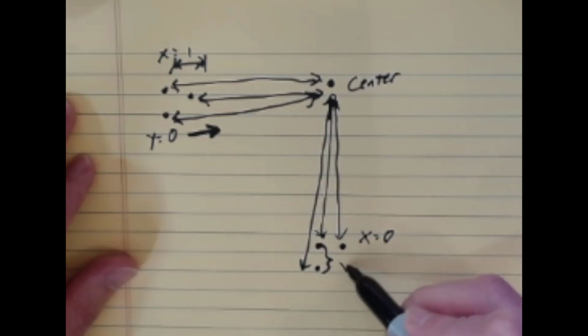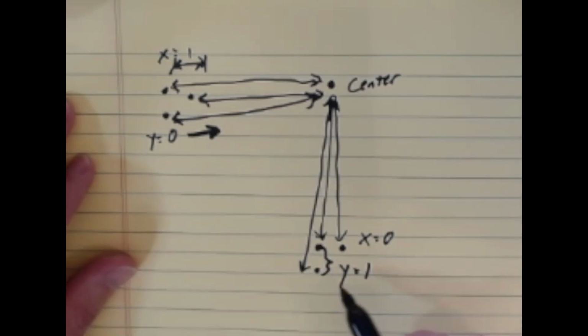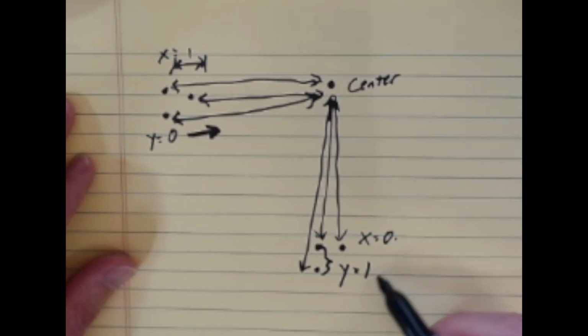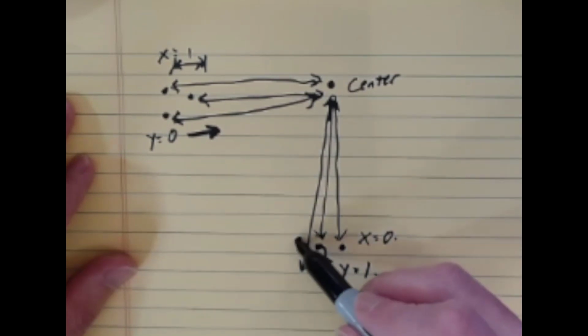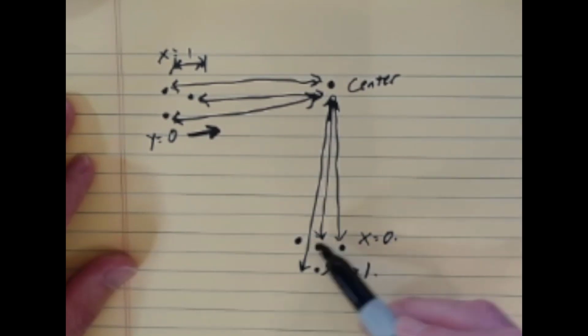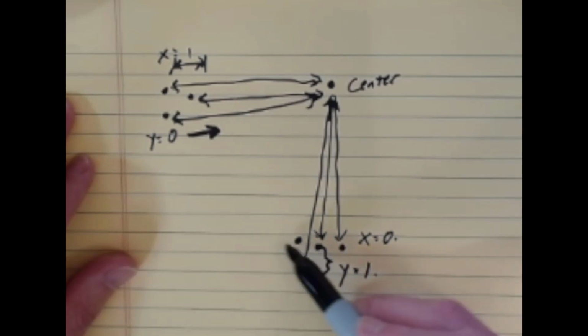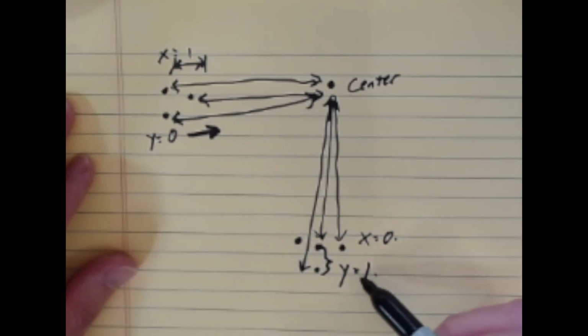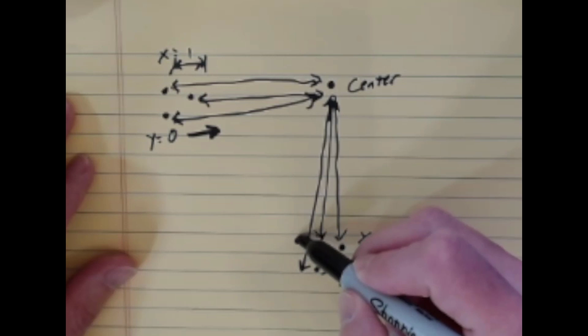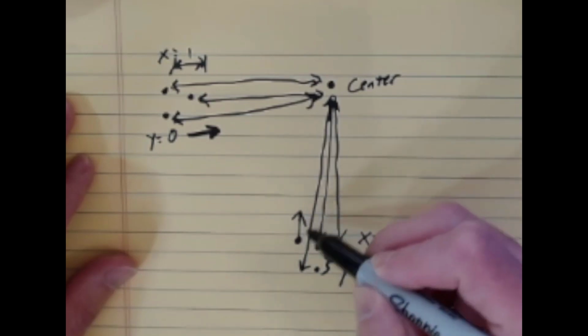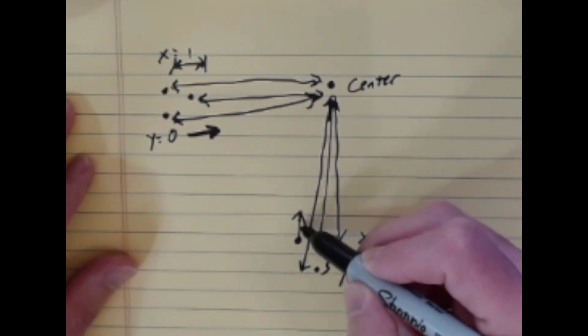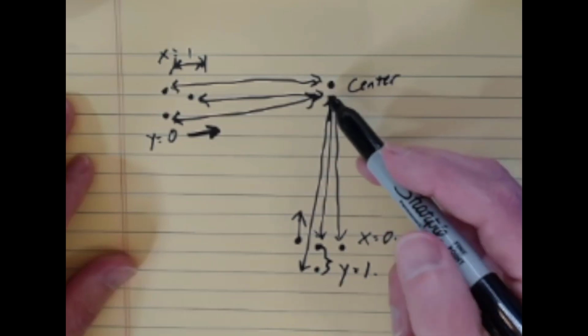Let's say that is 1. So now we're creating a vector from 0, 1. If we're starting here and the x is 0, we're not going to the right or to the left. The y is 1, so let's say we're going up. So now this vector is pointing up towards the center.